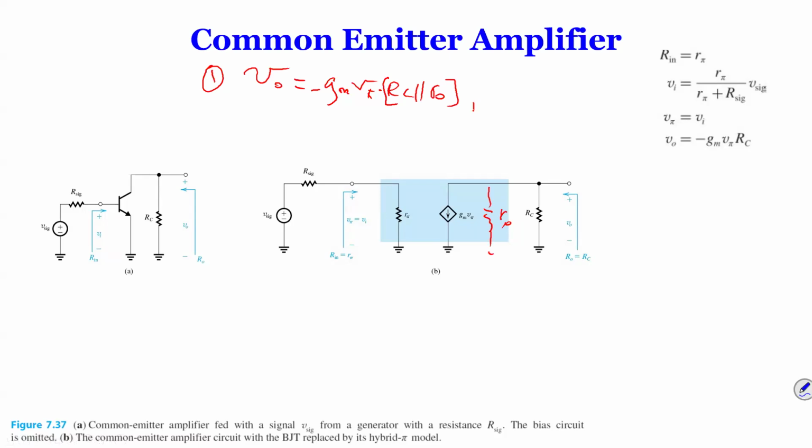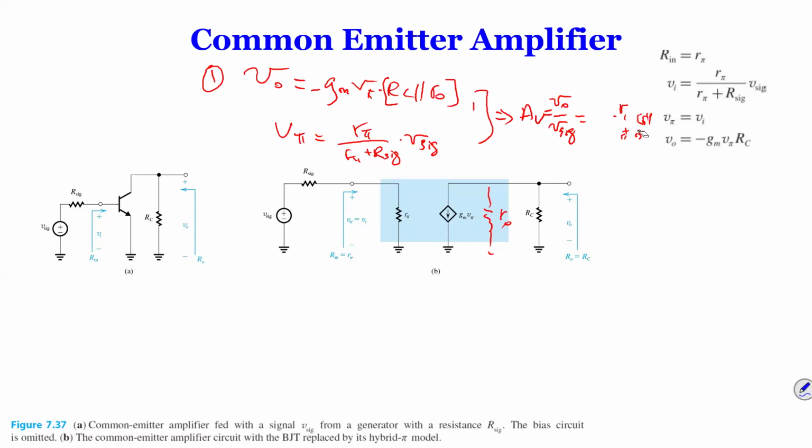But you know that V pi is a voltage divider. So V pi is R pi over R pi plus R sig times V sig. So therefore, from here, you get your voltage gain. AV equal to VO over V sig is equal to minus GM times R pi over R pi plus R sig, and then multiplied by RO in parallel with RC.